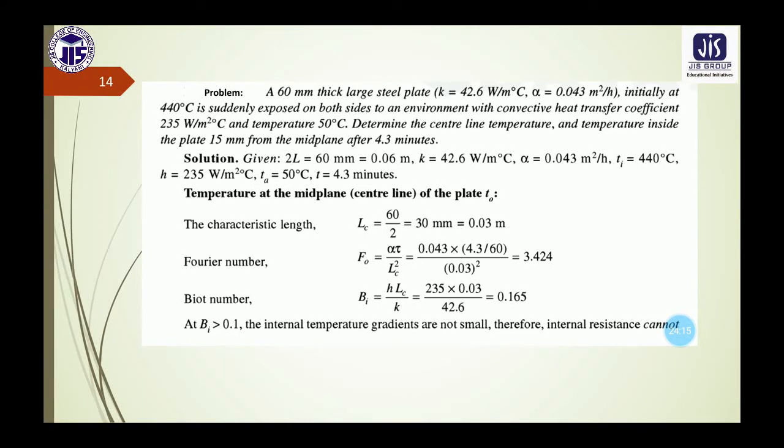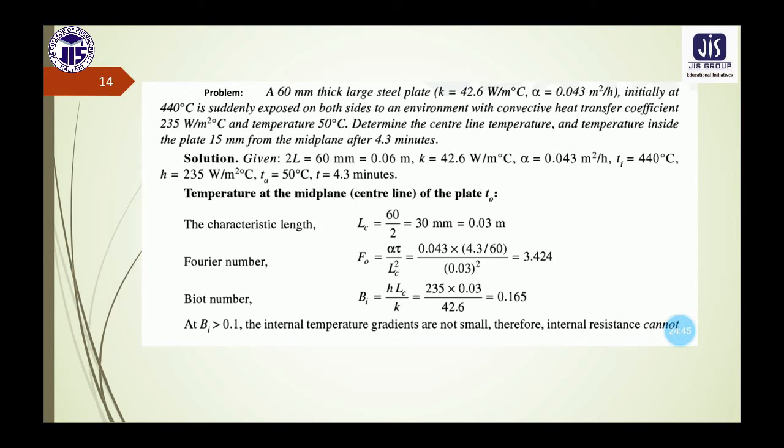A 60 millimeter thick large steel plate. Now for this large steel plate, thermal conductivity and thermal diffusivity both are given. And initially, that means the initial temperature, at 440 degrees centigrade, is suddenly exposed on both sides to an environment with convective heat transfer coefficient 235 watt per meter square degree centigrade and temperature 50 degrees centigrade.